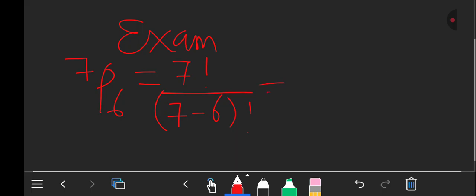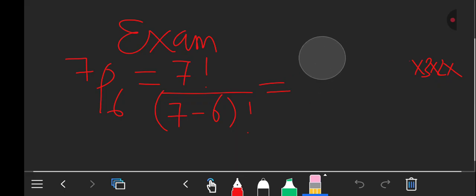So this is a permutation, so 7 factorial is just 7 multiplied by... Let's evaluate the entire thing, because 7 minus 6 is just a 1, so we need just to evaluate 7 times 6 times 5 times 4 times 3 times 2 times 1.